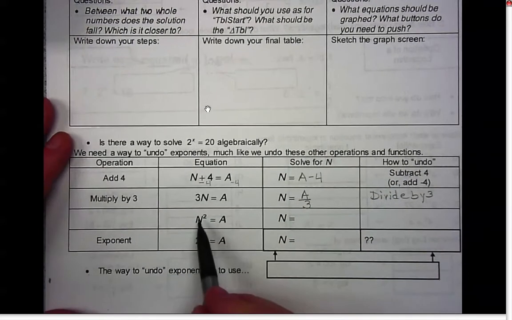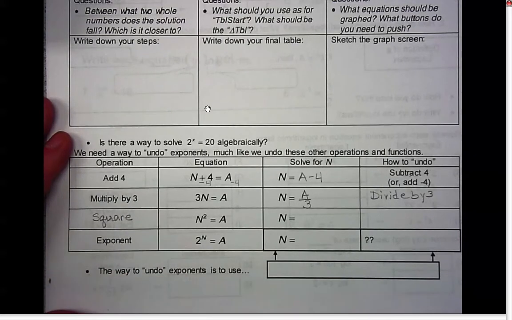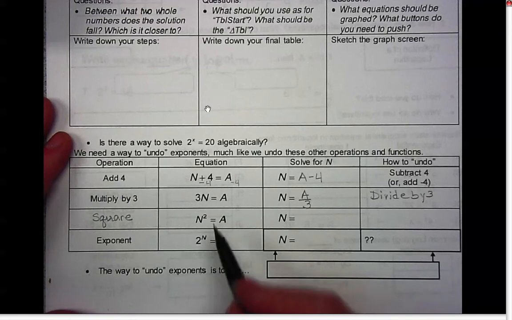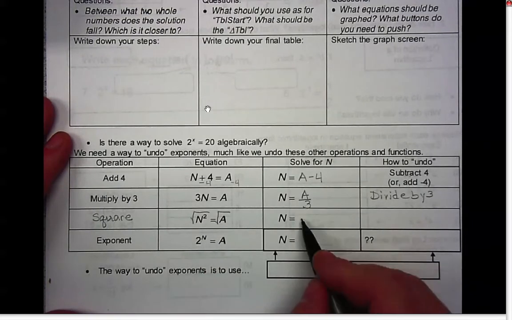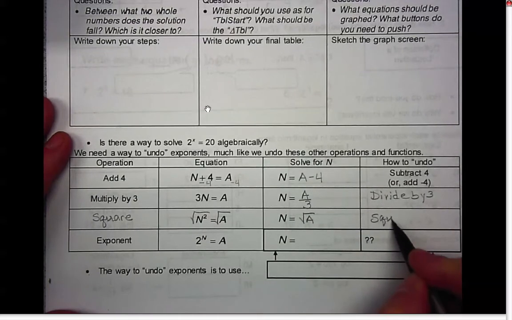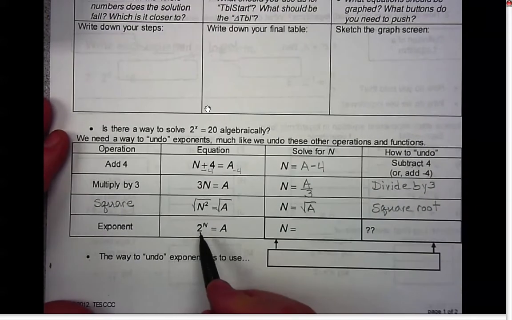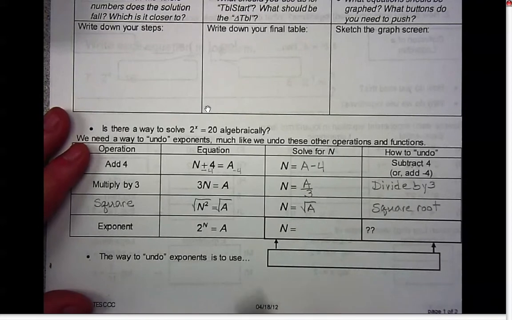Then here we are squaring the n. n squared equals a. To undo the square, we square root both sides, and so we have n equals the square root of a. Now for an exponent, 2 to the n equals a, we need a way to undo the exponent, and that is called logs.